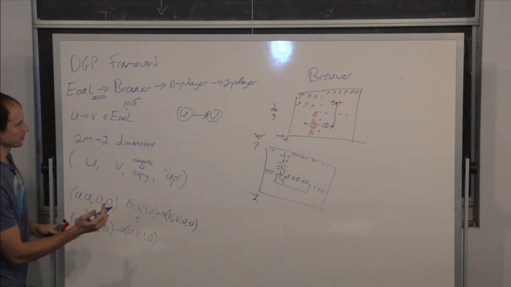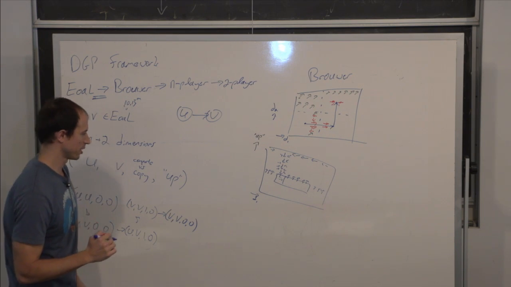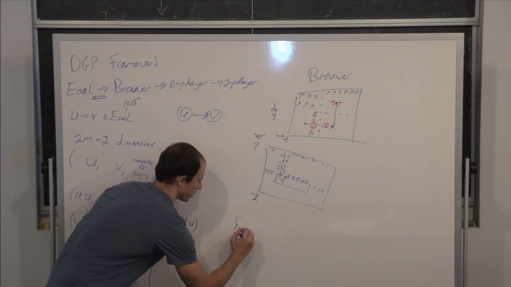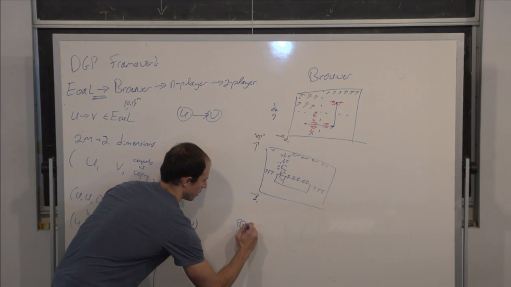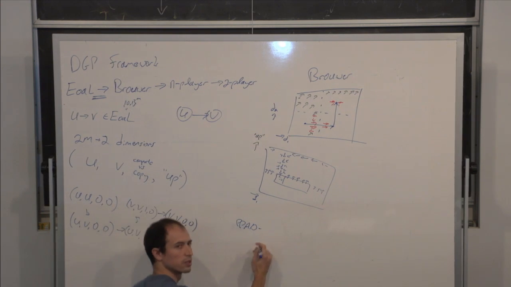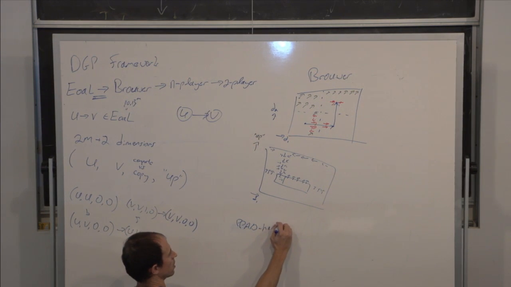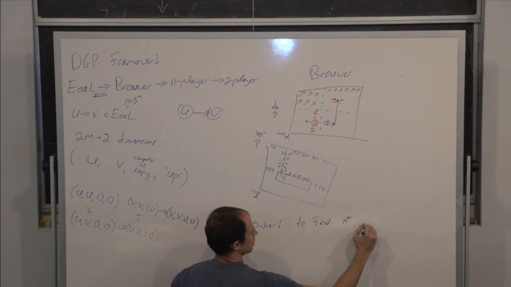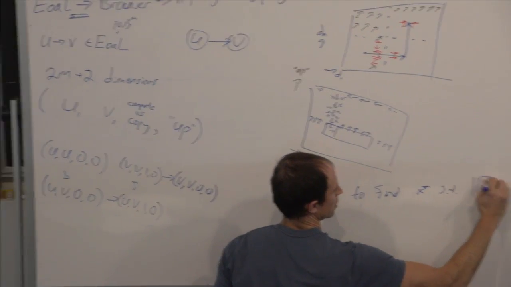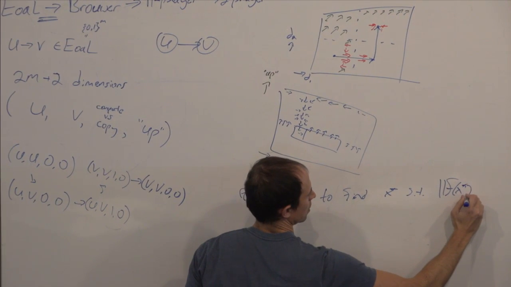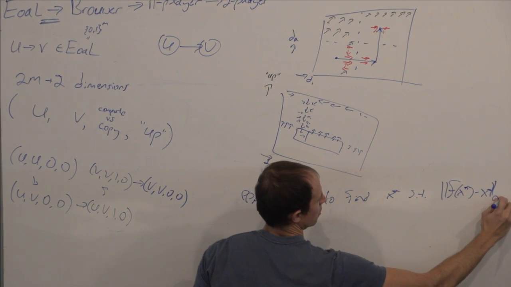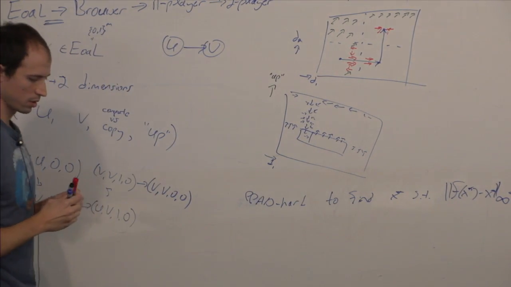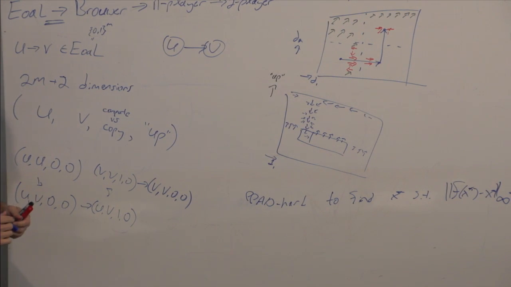Okay, so what this gets us is that if you want to find an x star such that f of x star minus x star in infinity norm is less than epsilon, it's PPAD hard.